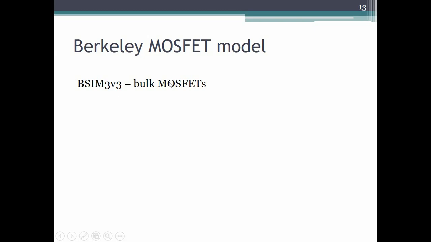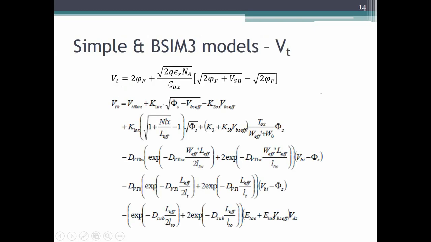Let me show you some equations. This top equation is the threshold voltage equation we had derived last time. Hopefully you will remember. So this is the simple threshold voltage equation. Just below it, which I have copy pasted from the BSIM3 manual, is the BSIM3 threshold voltage equation.